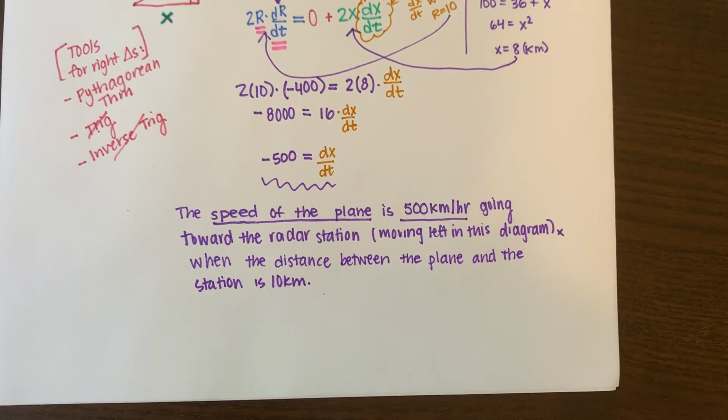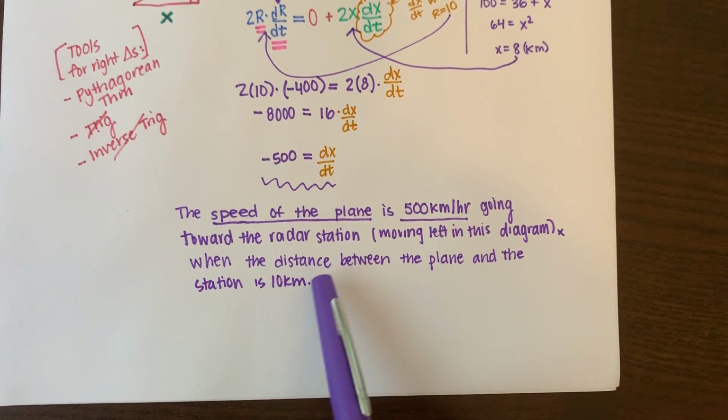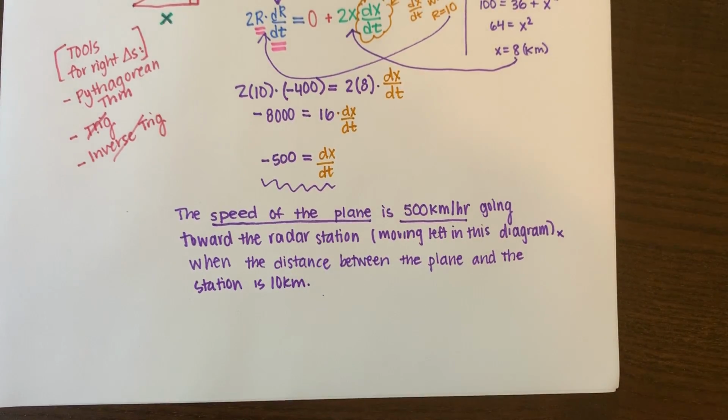Because we don't know if the speed is constant. What we do know is that when the distance between the two is 10 kilometers, the plane is moving at a speed of 500 kilometers per hour.